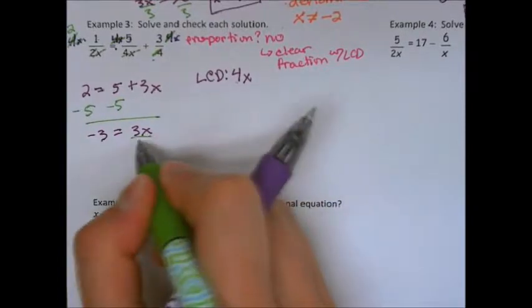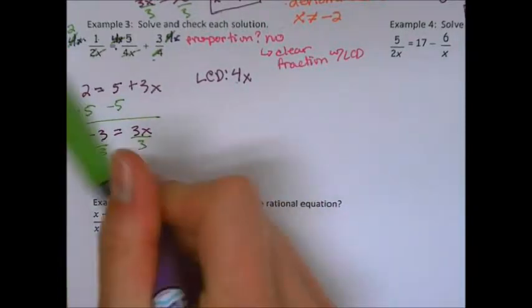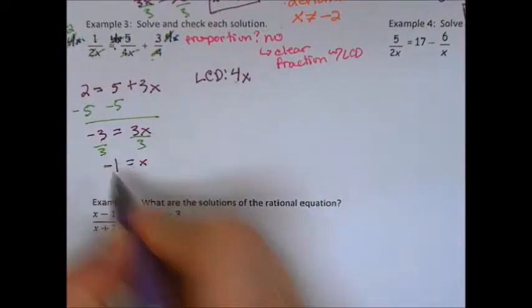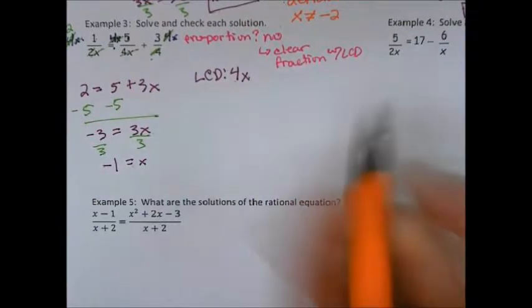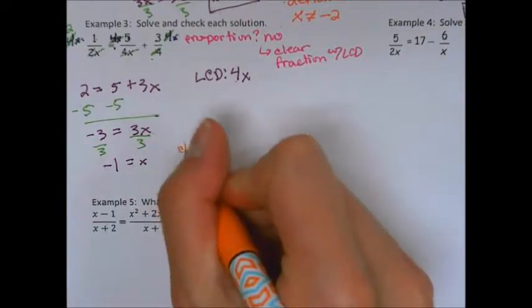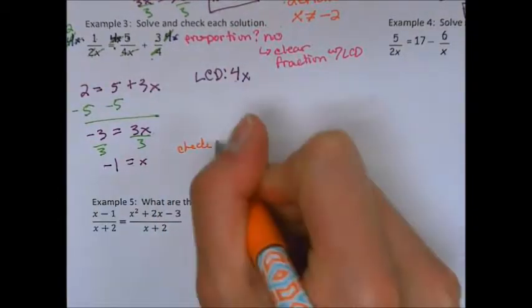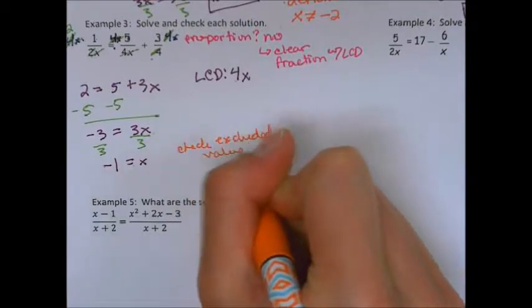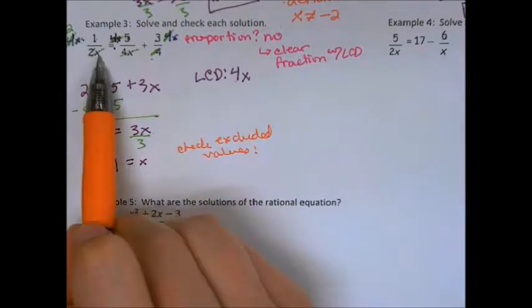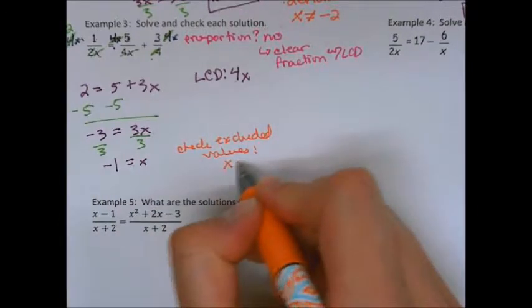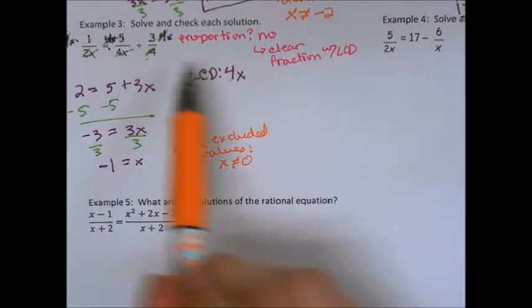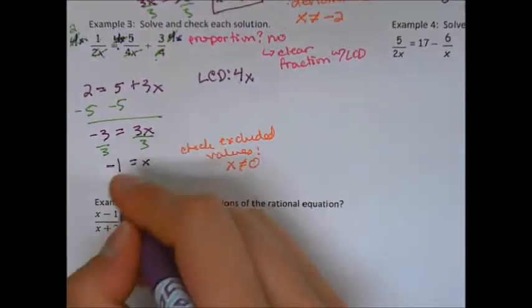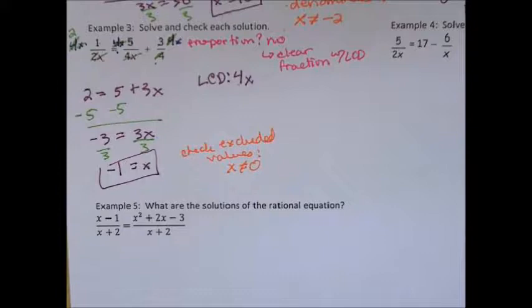Divide by 3. x equals negative 1. But we can't settle yet. We have to check for excluded values. So let's see. This denominator tells us x cannot equal 0. This denominator tells us x cannot equal 0. So since x equals negative 1, we are good.